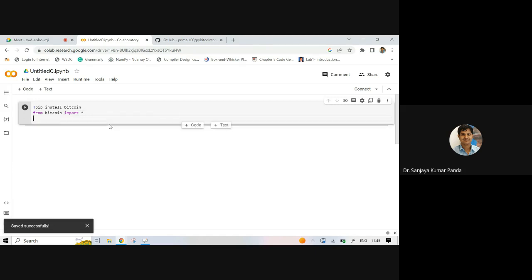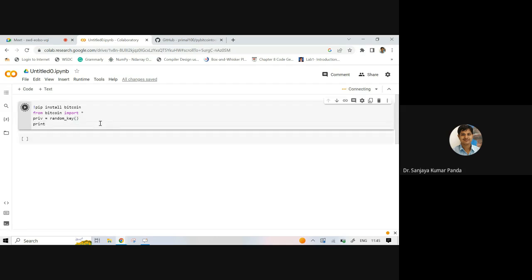So in order to generate a random private key, suppose I am taking priv as the variable, then I'm writing random underscore key. Okay, it is going to generate a random key and store that key as a private key, right? And suppose I want to print that private key, so I'll write here print the private key.